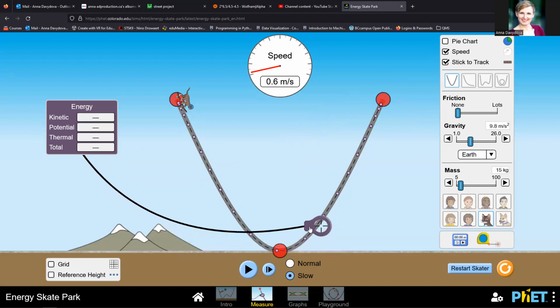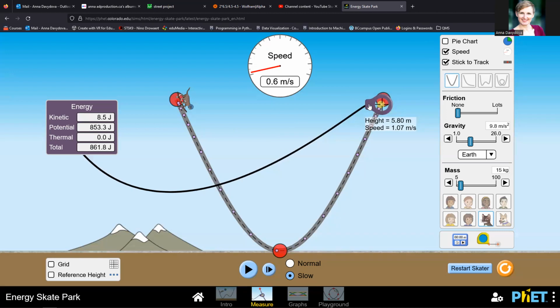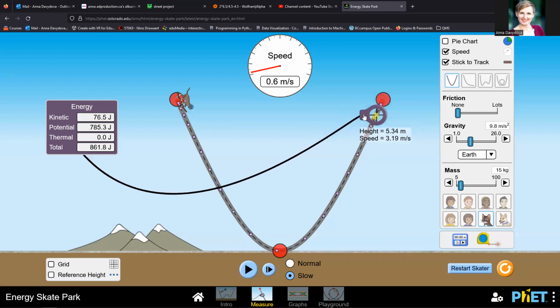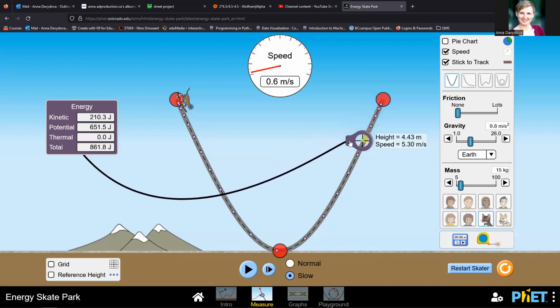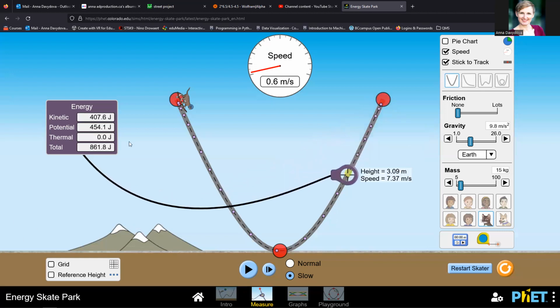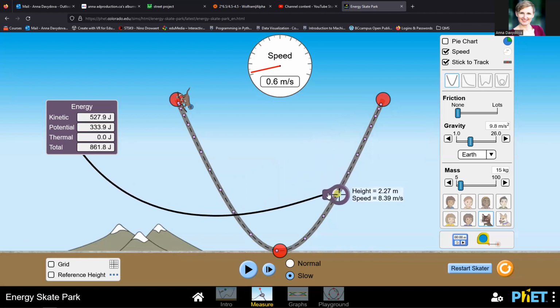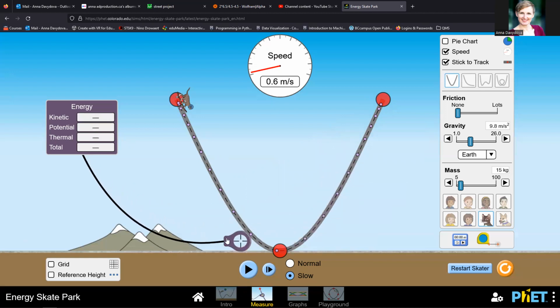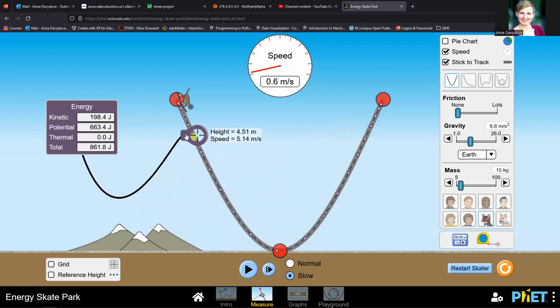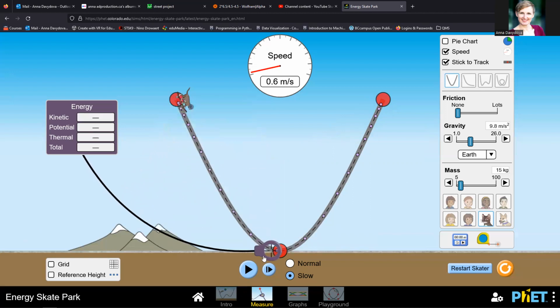861.8 should be the same as 861.8 in the highest point, and in any point for that matter. You see this number for total does not change, and that is the case. That's how it should be, regardless of the object, regardless of the mass. This number will stay the same.